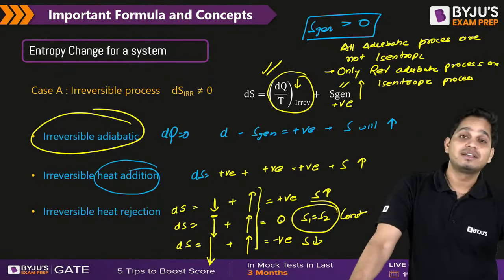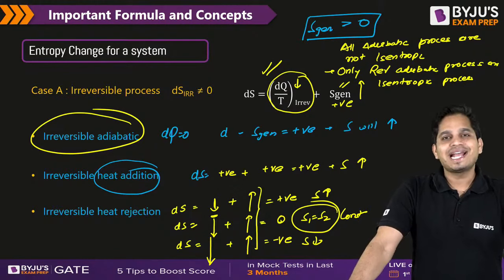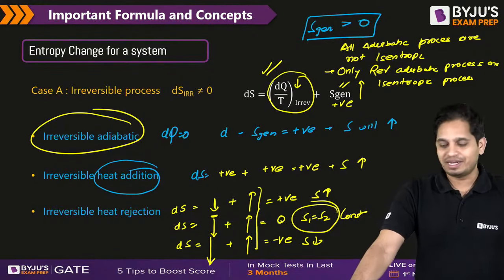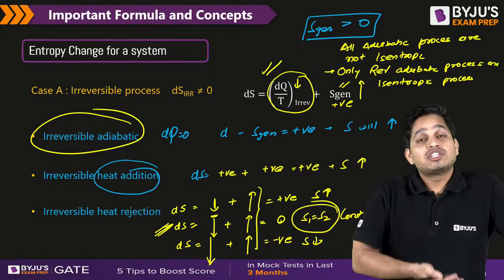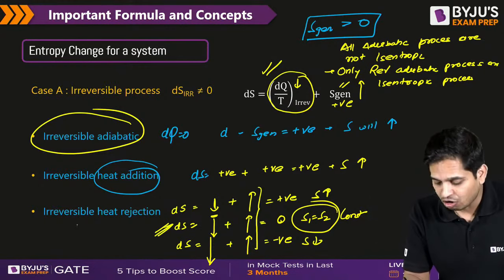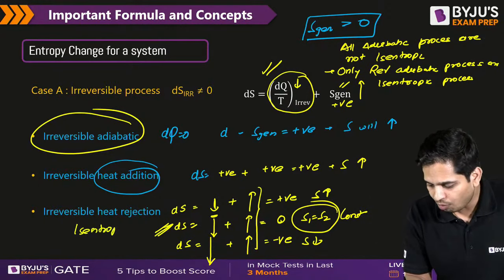But there can be an isentropic process which is not reversible adiabatic. You see, this process, this is not reversible adiabatic, but it is isentropic. Entropy is constant.